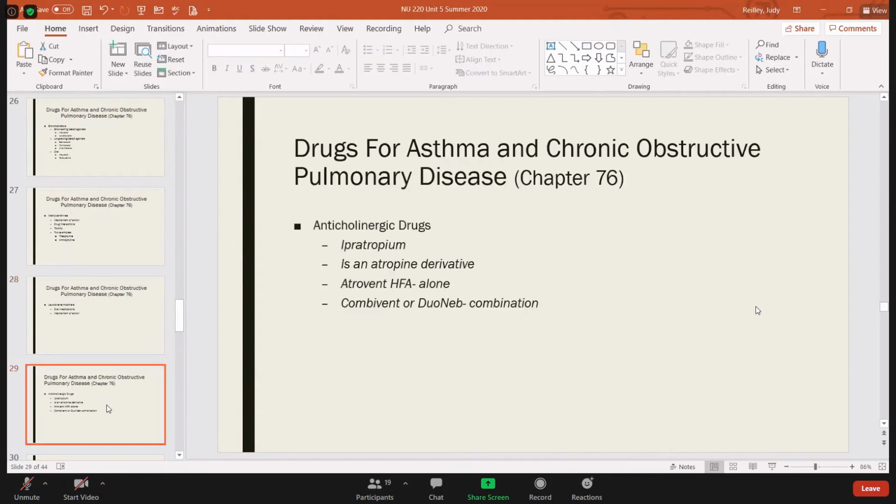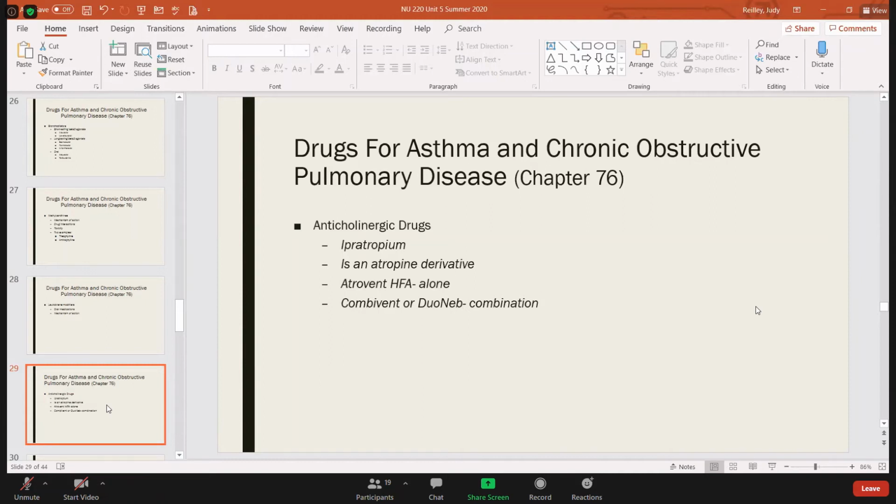When you look at your anticholinergic drugs, the most common one listed is your ipratropium. It is an atropine derivative, which is administered by inhaling it, and it relieves your bronchospasms.